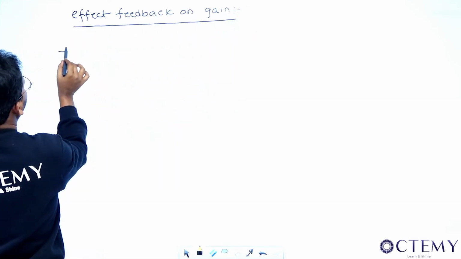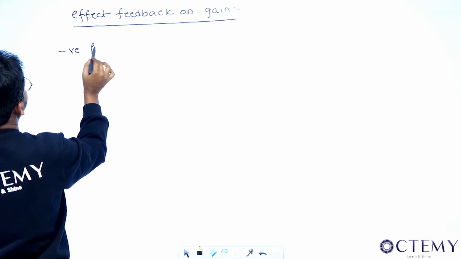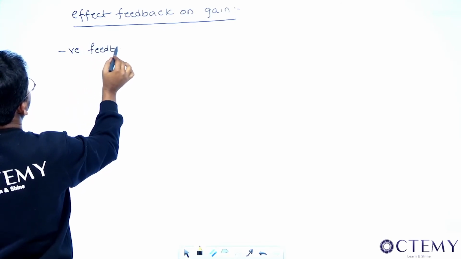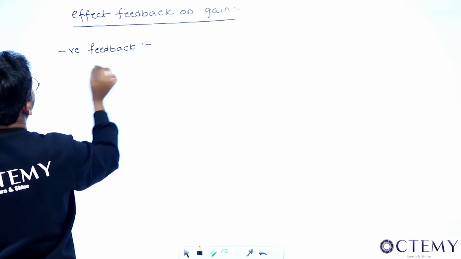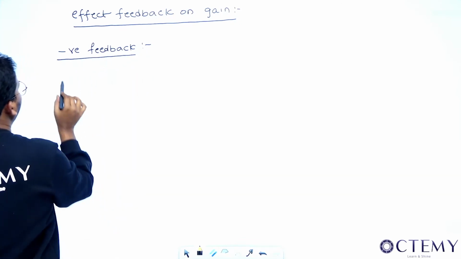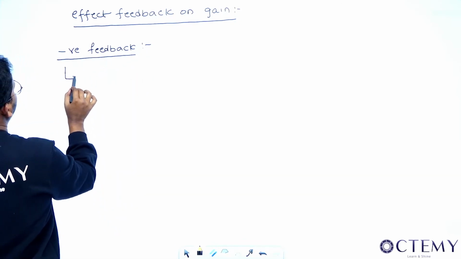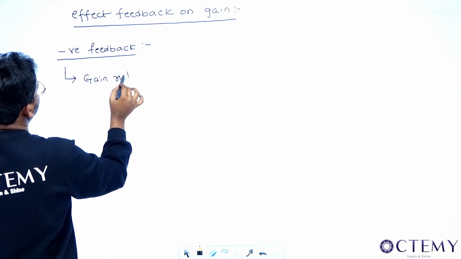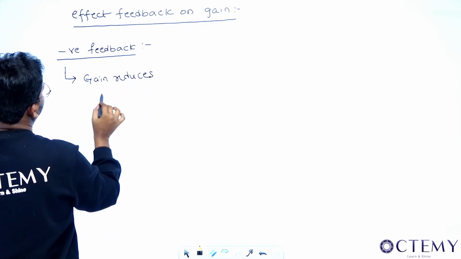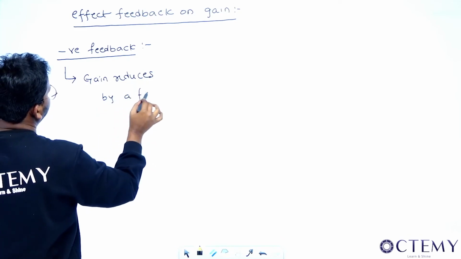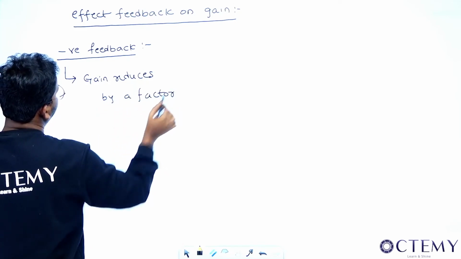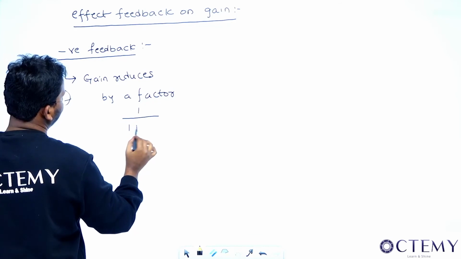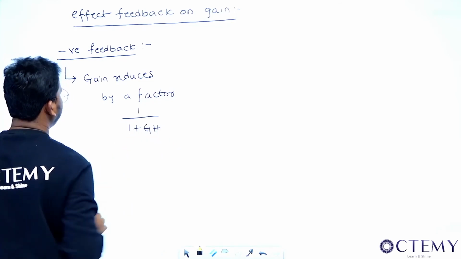So, in a negative feedback system, the gain reduces by a factor of 1 by 1 plus G of S H of S, right?